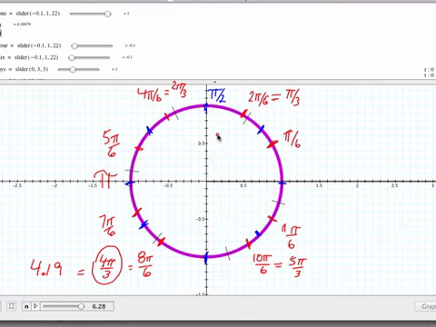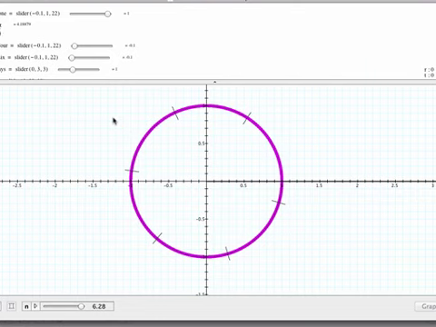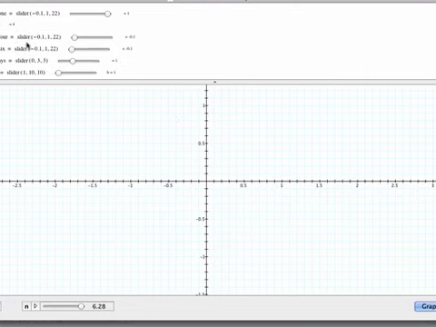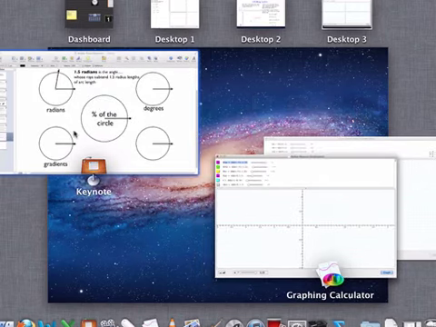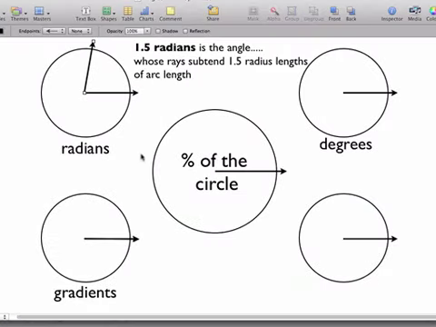Okay, can I erase this? Okay, so go back to our 1.5 radians. What percent of the circle is 1.5 radians? Find it. Everyone find it on your own.